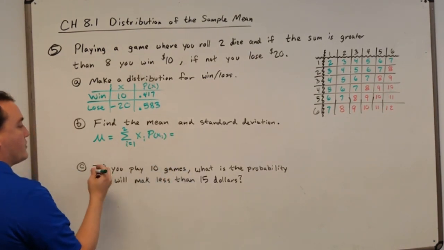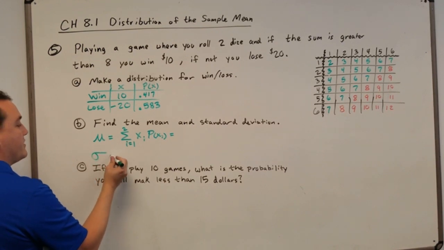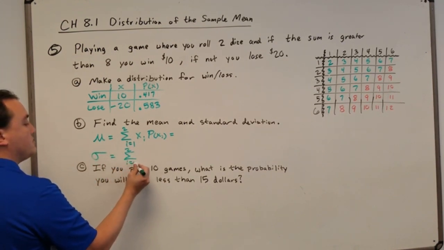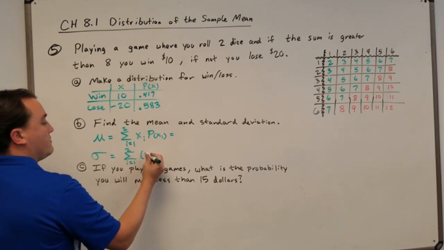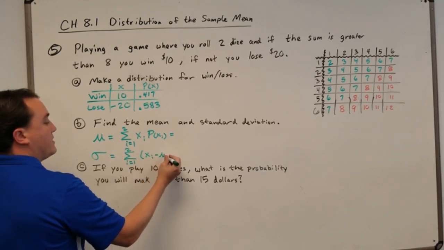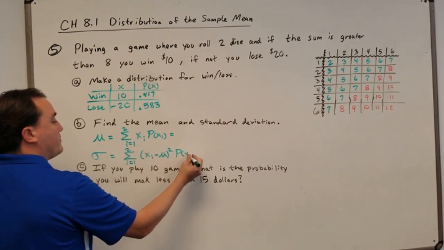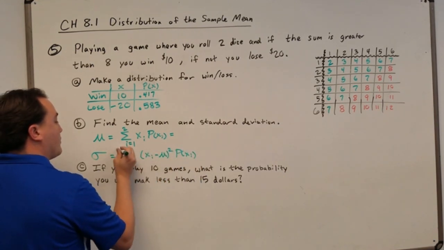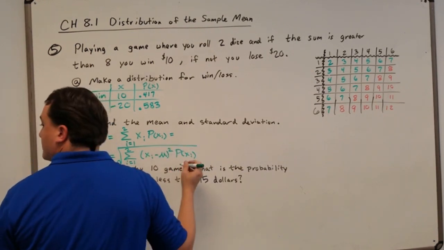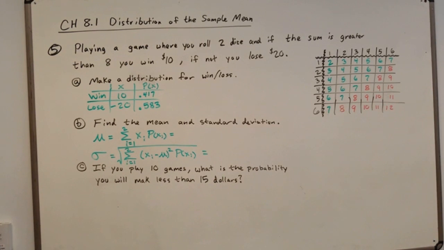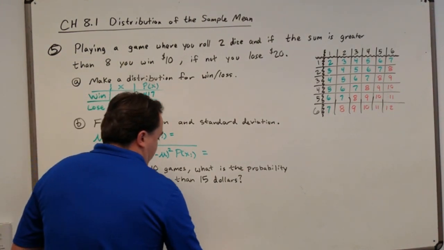And that looks a lot harder than it is, and we're going to calculate the standard deviation too, for 2 values, the square root of the sum of x minus the mean squared times its probability. Okay. Like I said, it's a lot simpler than that.